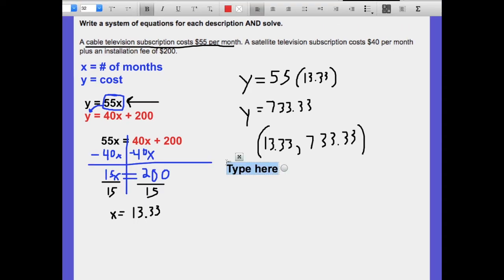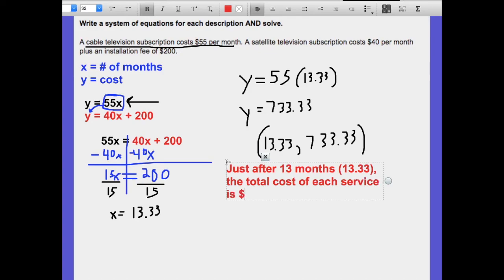So that means we can say just after 13 months, and we're going to say 13.33, the total cost of each service is $733.33. So with these word problems, we want to actually answer the question too, and say when is that break-even point? What are these things that we're talking about?